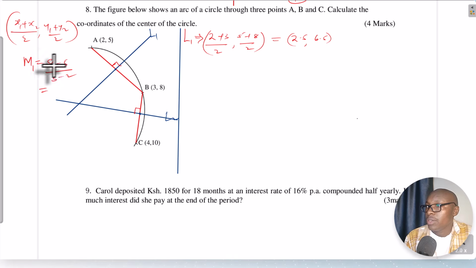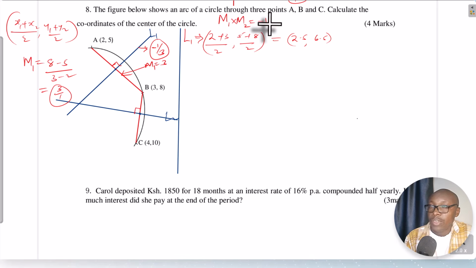So this will give 3 divided by 1. So the gradient m1 is 3. Therefore, the gradient of this line, which is perpendicular, should be -1/3. Why? Because when two lines are perpendicular, the product of their gradients is -1.